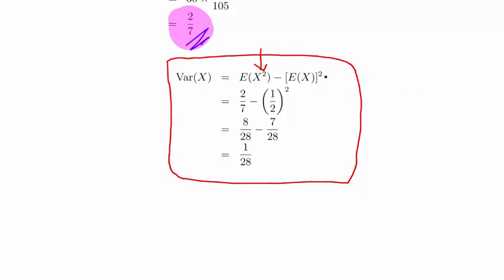We just verbalize that in slightly different ways. They're two different quantities. So we have 2 over 7, which is the expected value of x squared, and the expected value of x multiplied by itself, or squared, is 1/2 squared, 1/4. When we calculate it out, it works out to be 1 over 28.